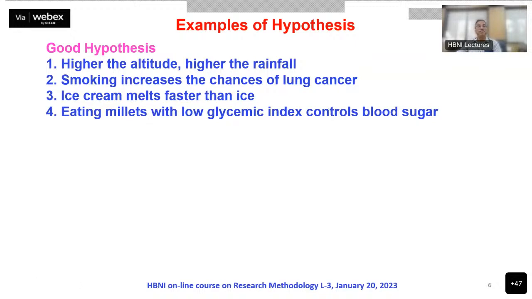You take different ice creams and see how they melt over time. Eating millets with low glycemic index controls blood sugar. So one can do a good study by asking people to take low glycemic index millets and measuring their blood sugar over a period of time, maybe 6 months to 1 year, and come to a conclusion about the hypothesis.